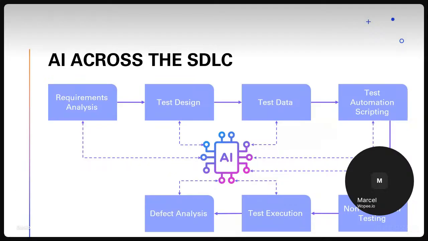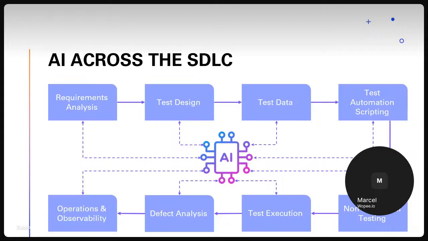Then we have a defect analysis step, where AI can help perform defect analysis and generate defect resolution recommendations. Basically, collecting different information on why something happened, comparing to test cases or user stories, and helping with triaging those issues. And operations and observability, I see as a final step, to also triage customer feedback, perform some root cause analysis, and propose new tests from the gaps.